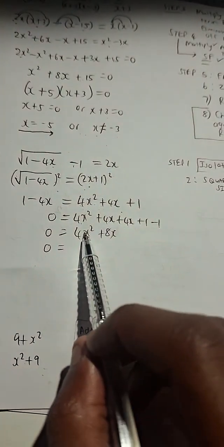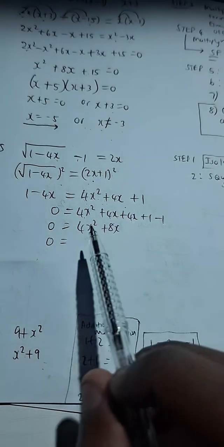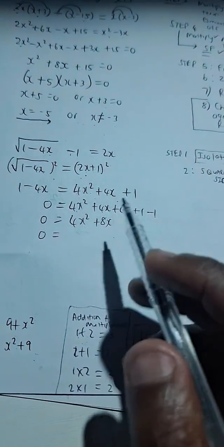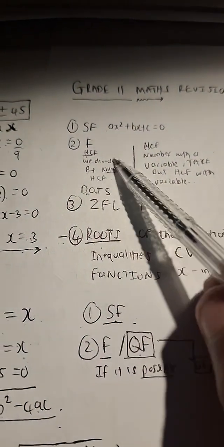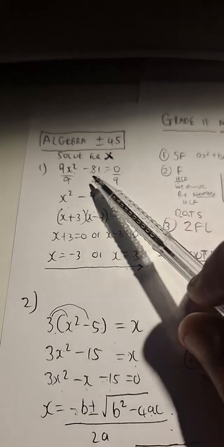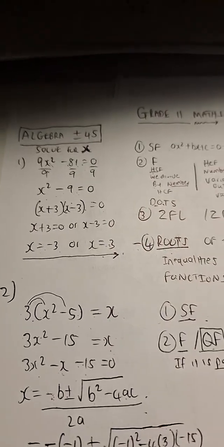So we have 0 is equal to, now remember guys, we have to take out a highest common factor because there is one. As I said earlier, if the highest common factor is just a number, we divide all the terms by it to simplify the equation.